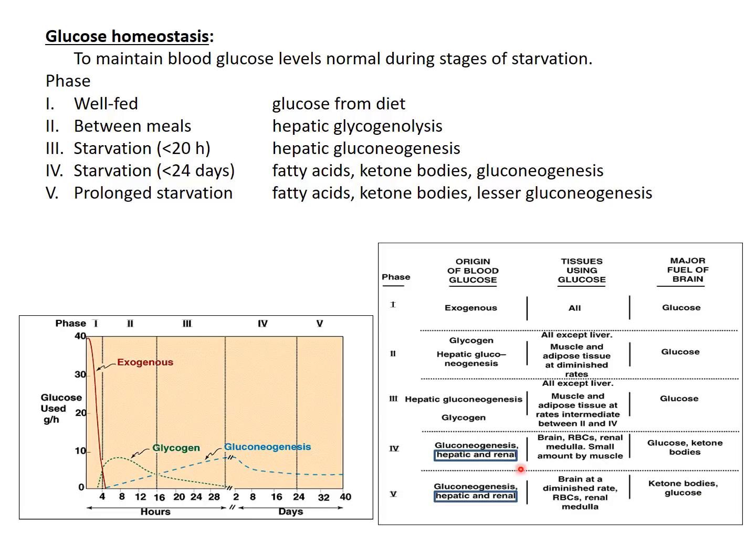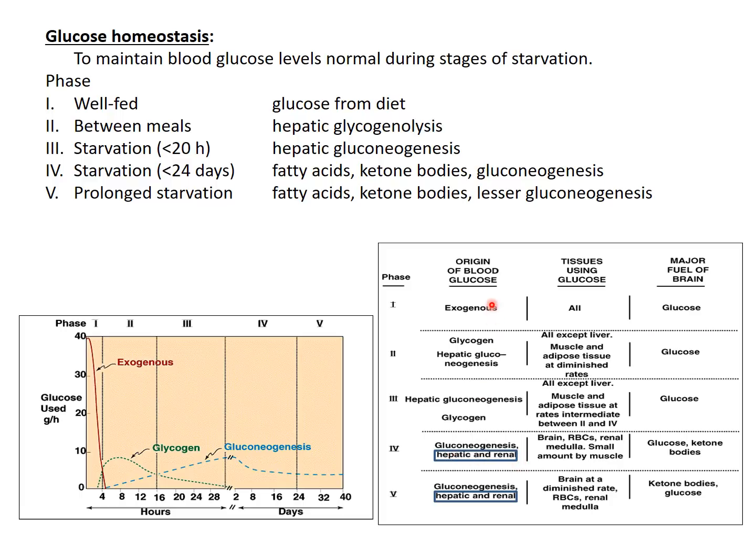One thing that I wanted to draw your attention to: when you learned about gluconeogenesis, I said that it is mainly liver, hepatic function, but when we starve, kidney can help.